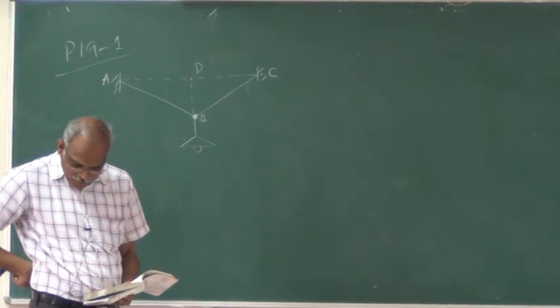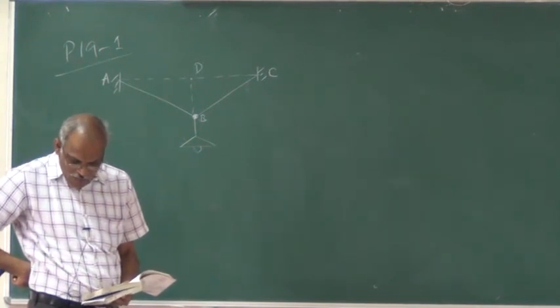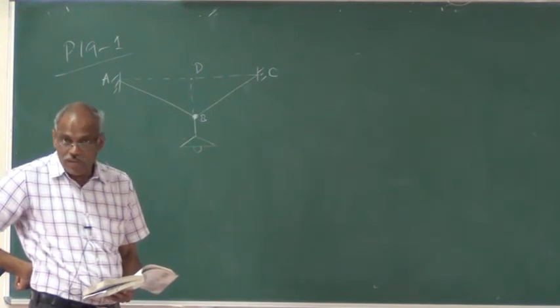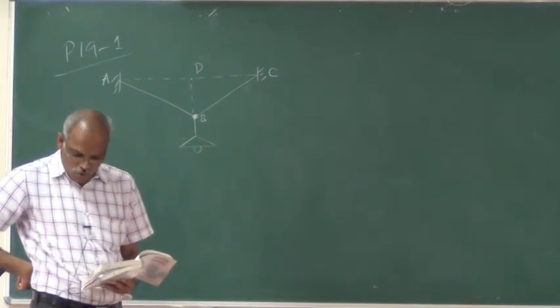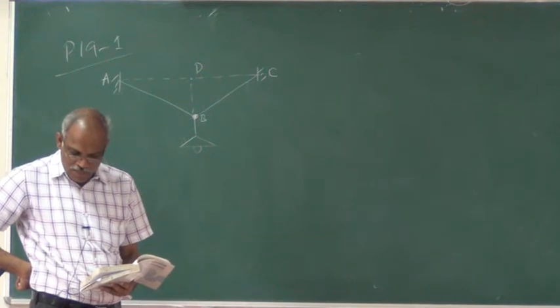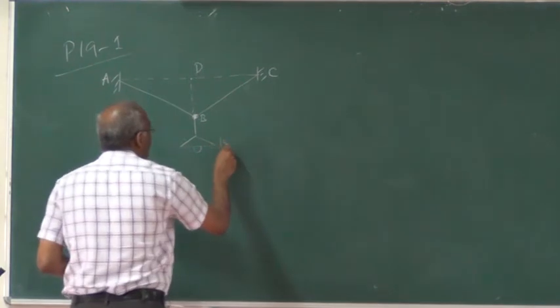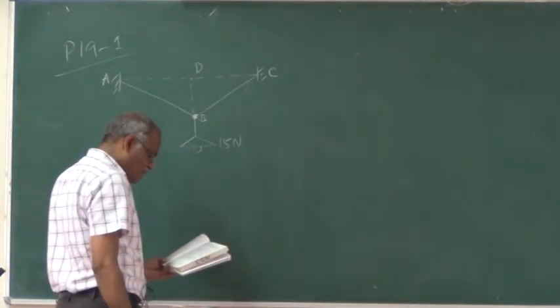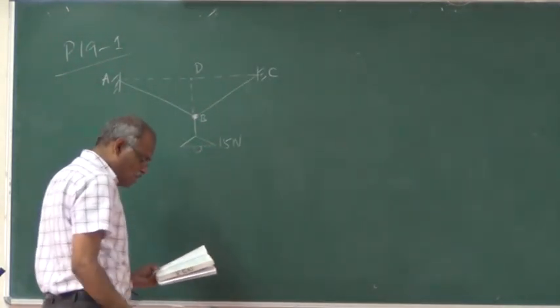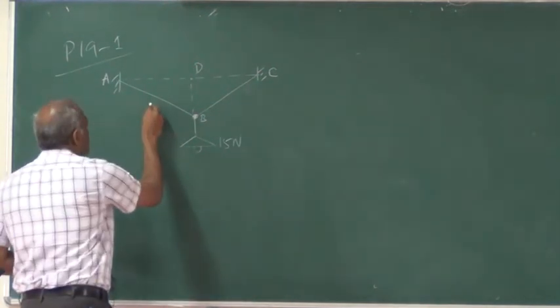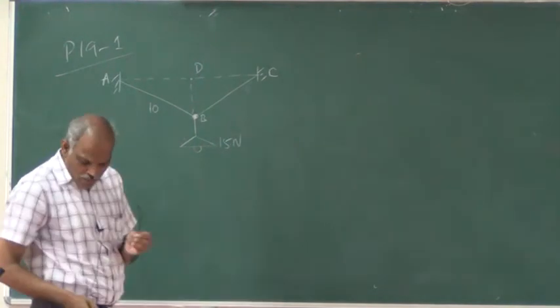Then, assuming these wires to be perfectly flexible and neglecting their weights, find the force produced in each if the weight of the lamp is 15 Newton. The length of each wire is 10 units.